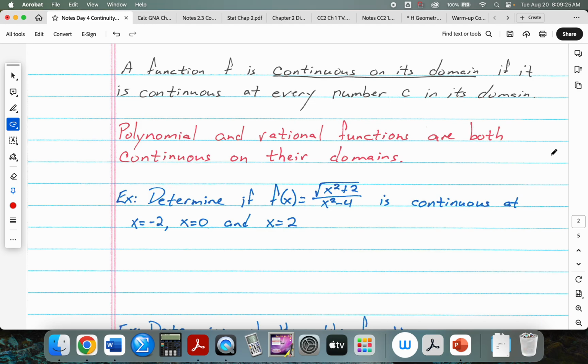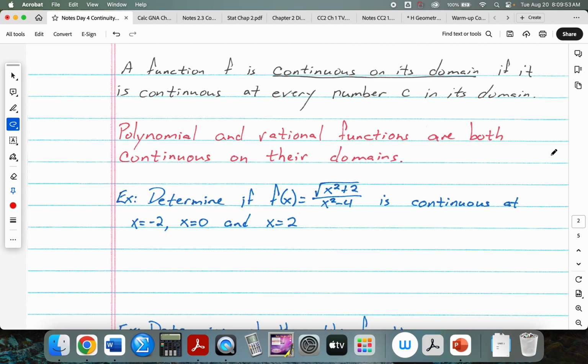Which means that, for example, tangent, which has an infinite number of vertical asymptotes, is a continuous function because it's continuous everywhere that it's defined. But doesn't feel like a continuous function, does it? So I just say it's continuous on its domain.